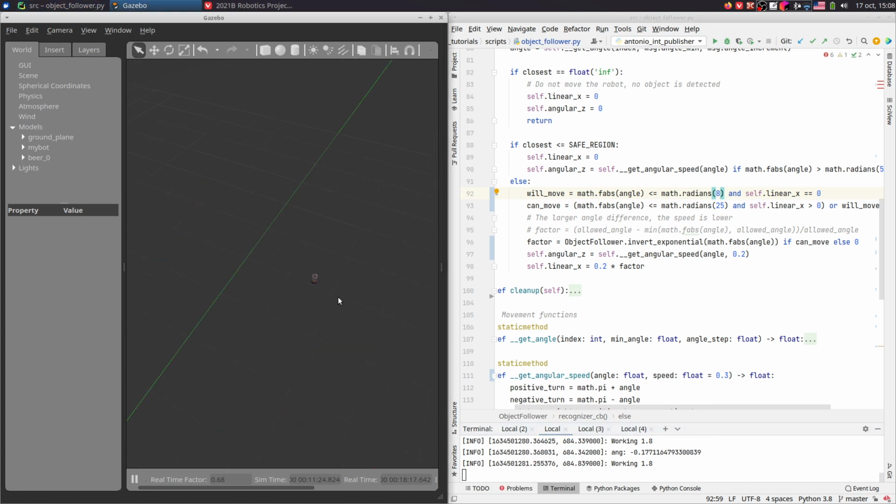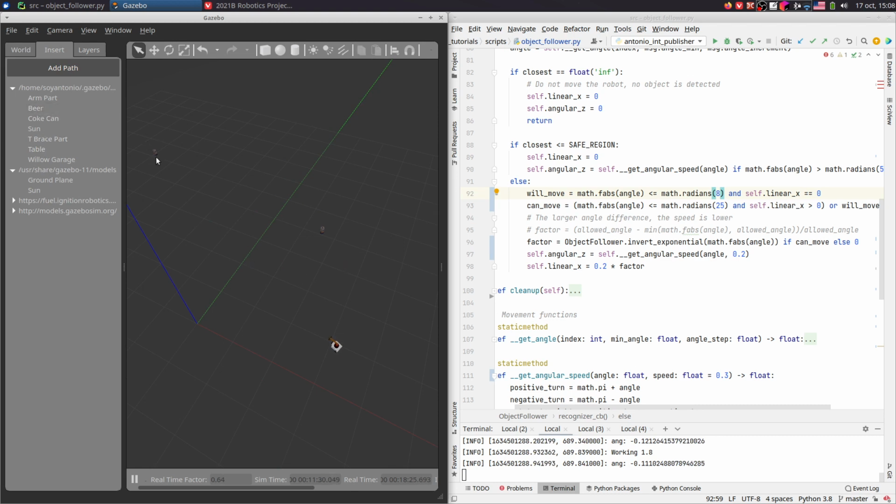Sometimes it moves faster than I expect. And also, if another object is detected while you are moving, it can take the other direction. Let's start.